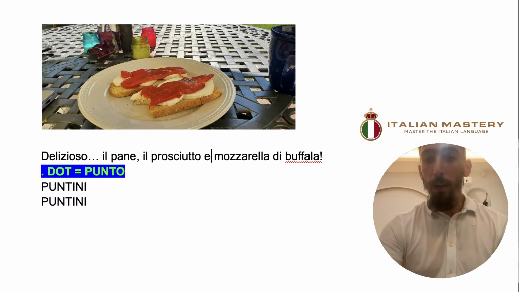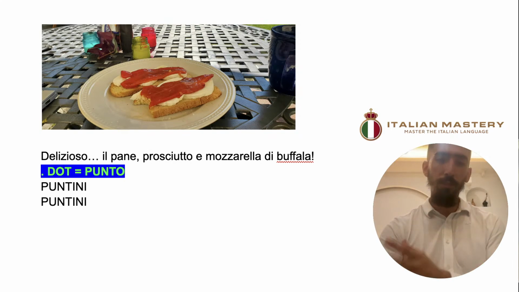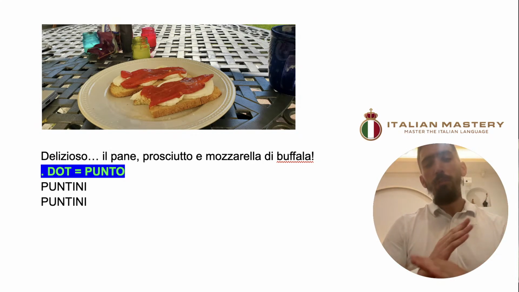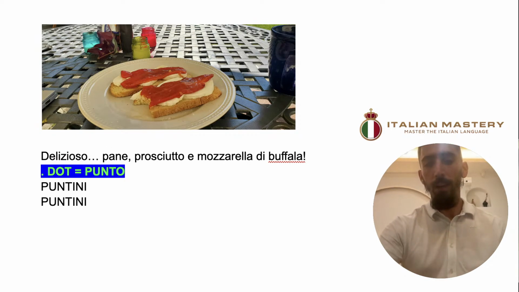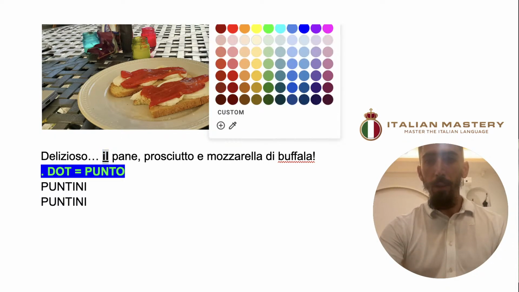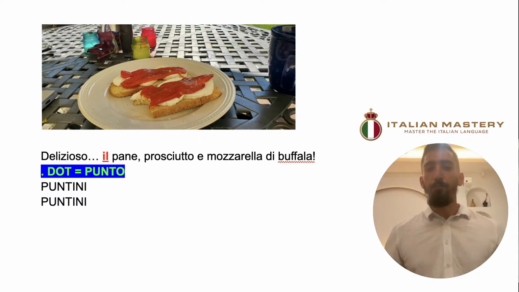Bear in mind, I'm being picky, but not even picky, it's just style. Il pane, prosciutto e mozzarella di bufala. It's fine. I will say this, if we don't use articles, because we're just listing things, let's not even use it here, right? So let's remove it from here. There's an article here. We can remove it. Delizioso.